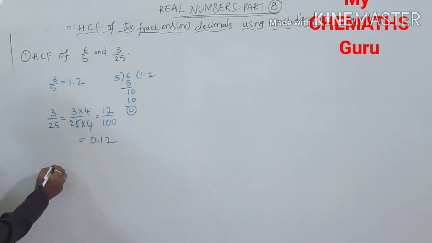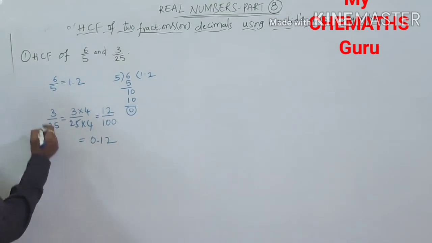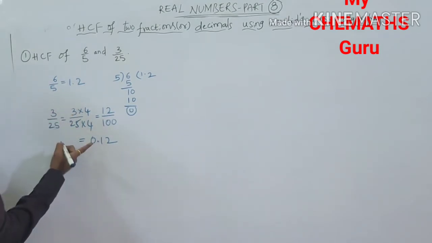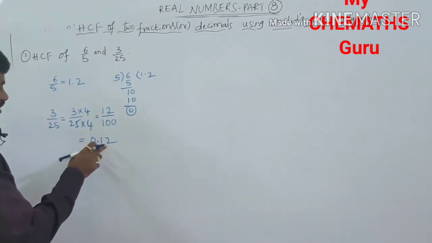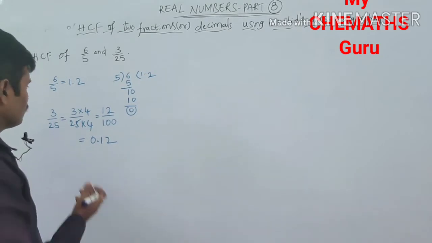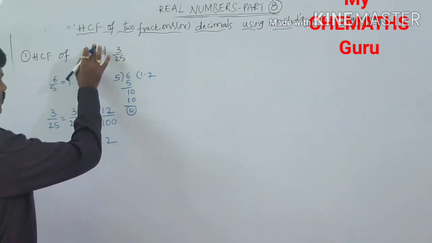How to find the HCF of these decimals? Easy. See, if you find the HCF of 1.2 and 0.12, it is enough to find the HCF of the given fractions.